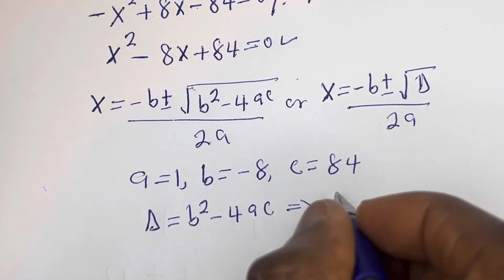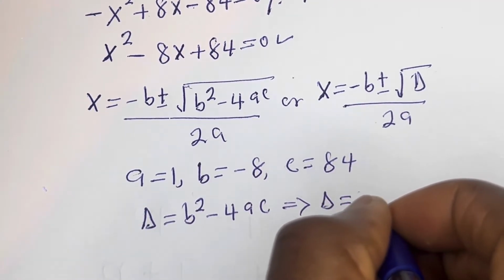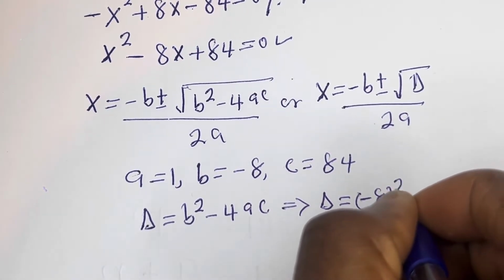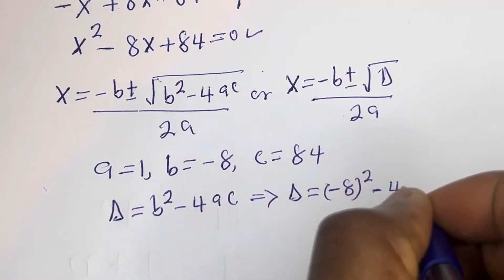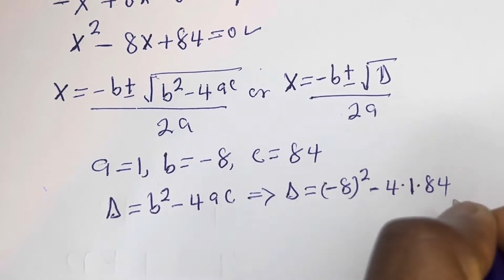Then this implies that d is equal to b squared, which is minus 8 squared, minus 4 multiplied by 1 multiplied by 84.